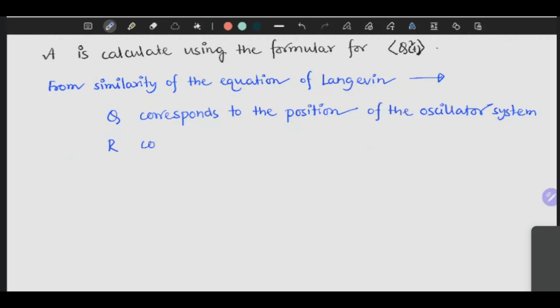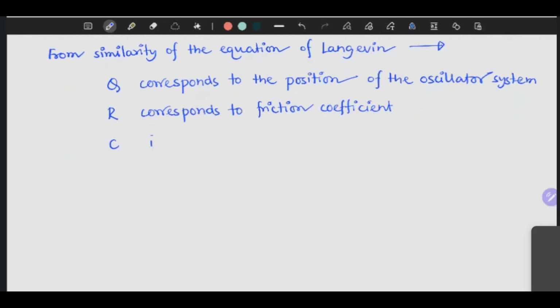R corresponds to the friction coefficient, and C is the inverse of the spring constant.